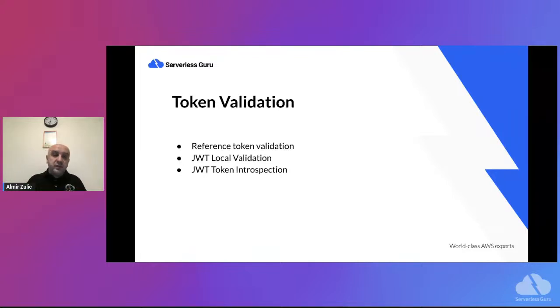So you need to maintain a database, and the only way you can validate them is to make a query somewhere and get the information that you need. All these claims that are encoded within JWT are actually kept in the database, and this has some advantages, but it also comes with some downsides.